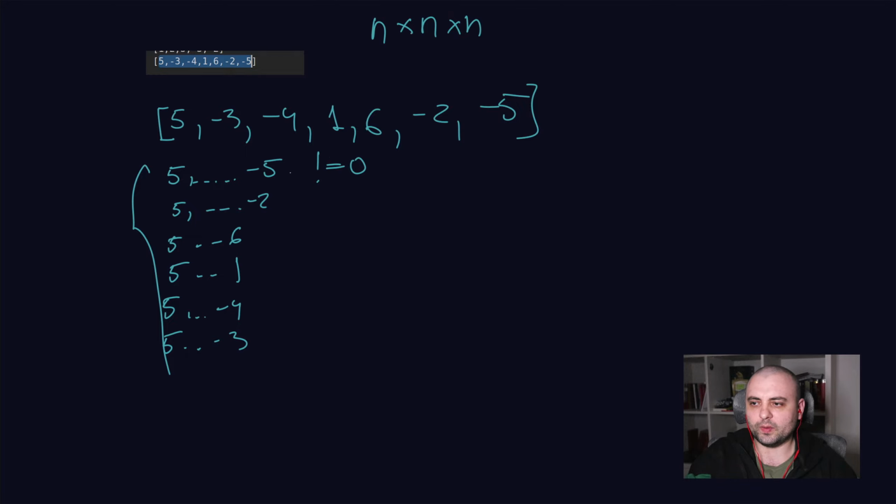Because after we did the 5, if we didn't find any subarrays, the next thing will go to minus 3. So minus 3 till minus 5, and then minus 3 till minus 2, and then minus 3 till 6, and here actually it will be a 0, and we will be removing those.